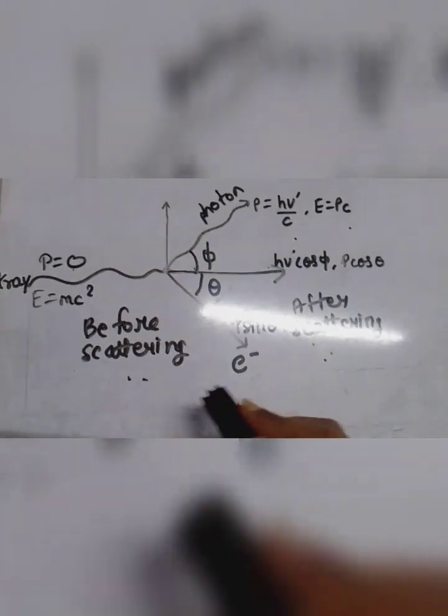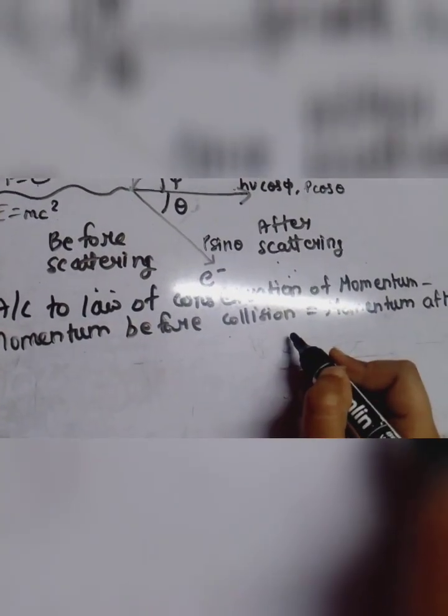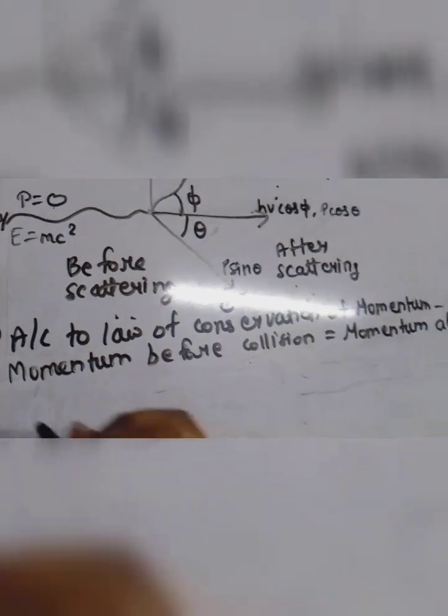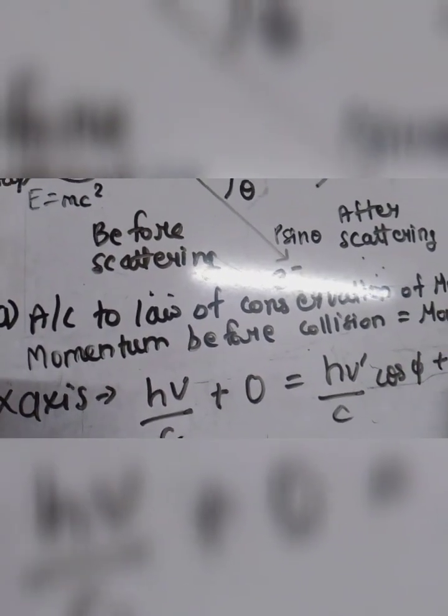To apply the law of conservation of momentum first: momentum before collision is equal to momentum after collision. So on the x-axis I am applying the formula, which is h mu upon c plus 0 is equal to h mu dash upon c cos phi plus p cos theta.